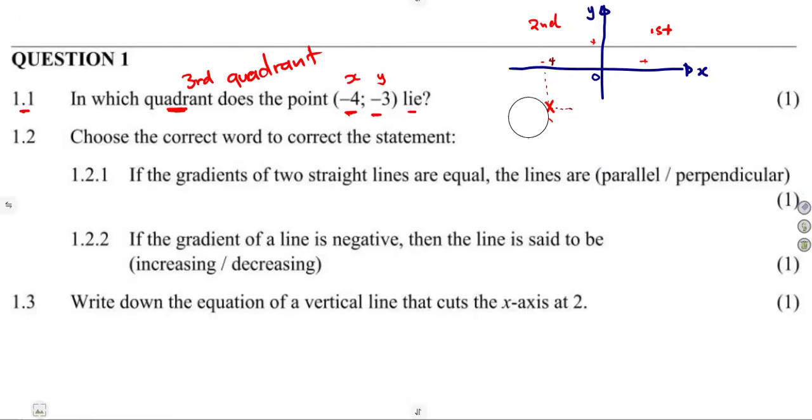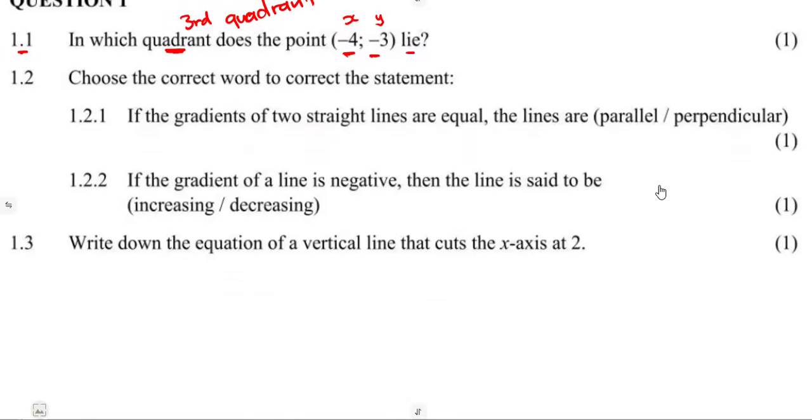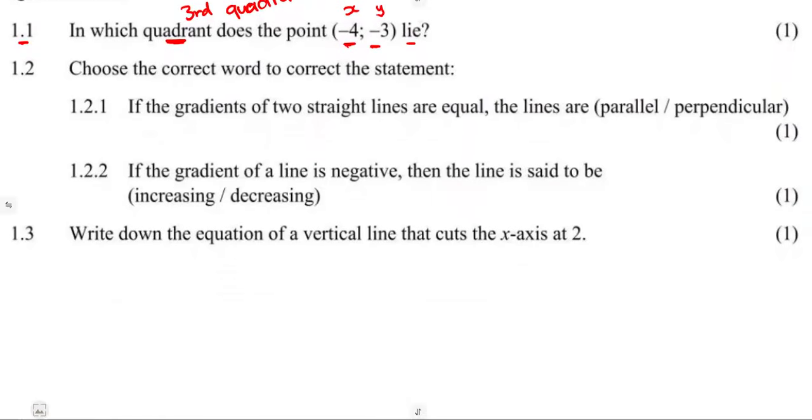All right, let's consider another part of the question. We are given 1.2, to choose the correct word to correct the statement that we are given. 1.2.1: If the gradients of 2 straight lines are equal, we've got 2 straight lines with the same gradient.